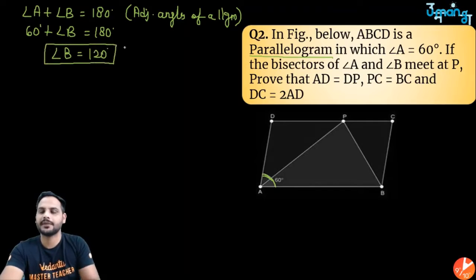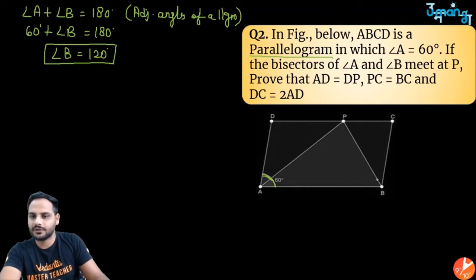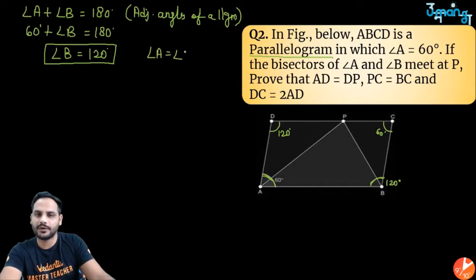Correct, beta? So the complete angle B will be 120 degree. If angle A is 60 degree, angle C also will be 60 degree and angle D will be equal to angle B, which is 120 degree. So angle A equal to angle C is equal to 60 degree. Angle B equal to angle D is equal to 120 degree.